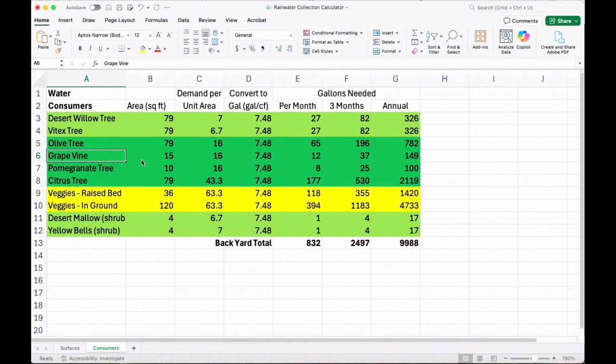And the reason the grapevine and the pomegranate are as small of an area as they are, you might be like, well, a pomegranate tree, why isn't that bigger? I'm actually espalier growing this pomegranate tree. So just like you would see a grapevine, how it grows along a vine, and it has like different levels that it grows outward, but in like basically a vertical plane.